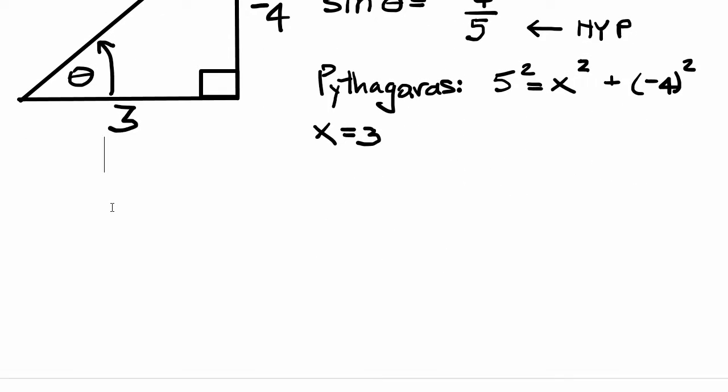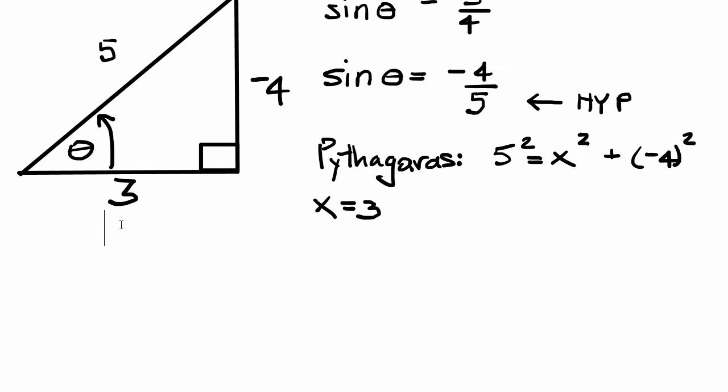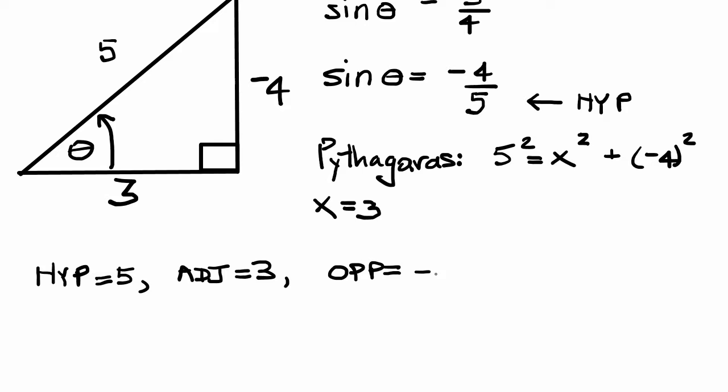And now you'll notice that what I've found here, I know that the hypotenuse of my angle theta is 5. I found the x value, or the adjacent, in this case, is 3, and the opposite value is minus 4.